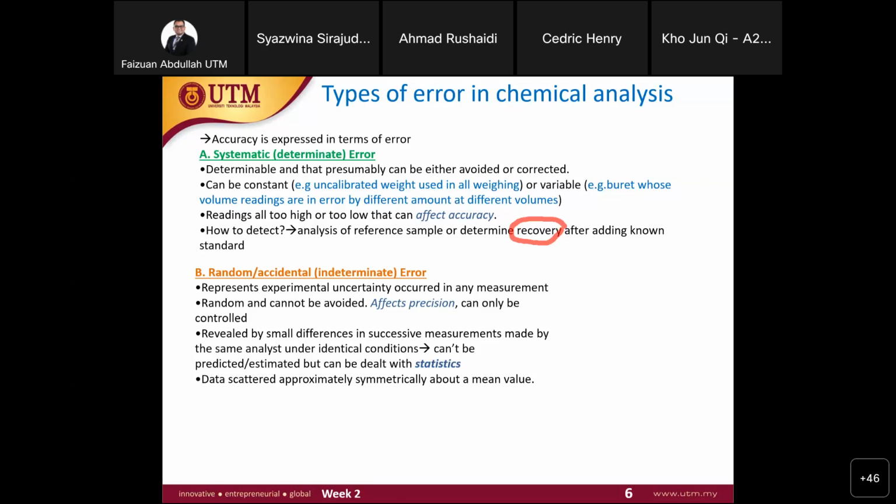It will affect the precision and can be revealed by small differences in successive measurements made by the same analyst under identical conditions. It can't be predicted or estimated, but can be dealt with by statistics. So data are scattered approximately and symmetrically about a mean value.